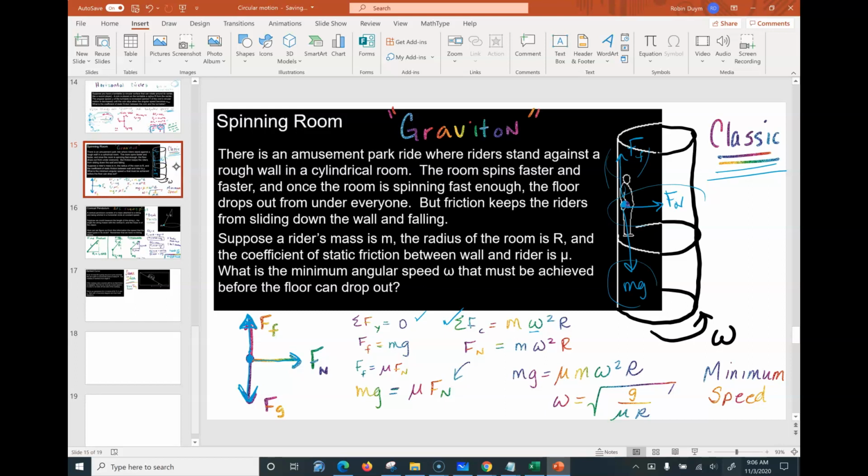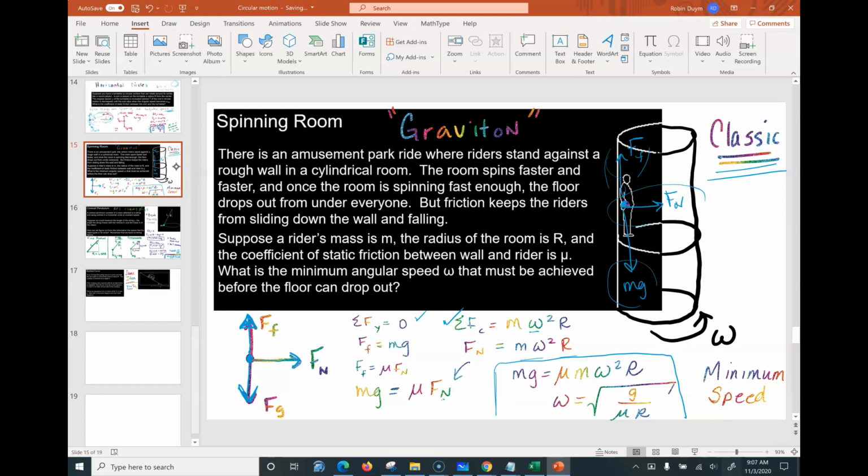Okay, so if you go through and put this in for our normal force, we're going to end up being able to solve for the minimum speed that this has to go in order to keep you safe.